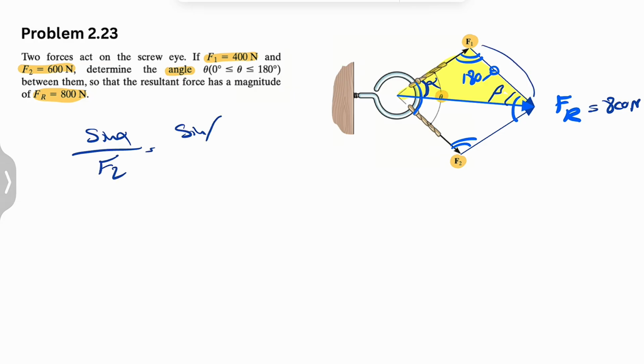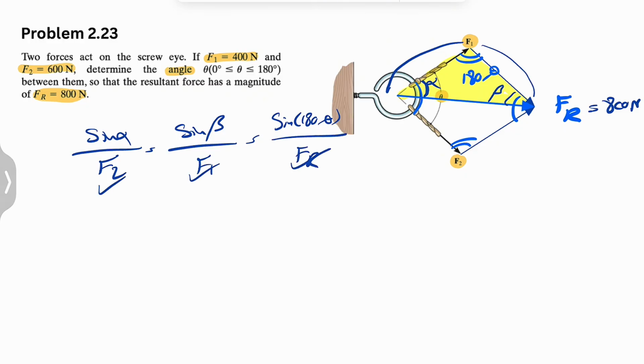We have sine of beta over F1, and we have sine of 180 minus theta over FR, and all of these are known. But obviously we have to deal with alpha and beta and find those based on theta. So it's going to make it a bit more complicated if we use the law of sines.